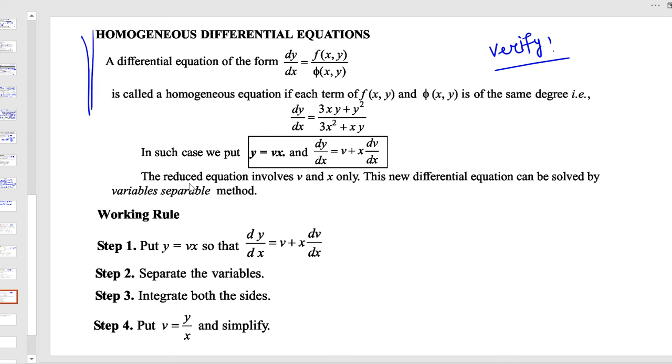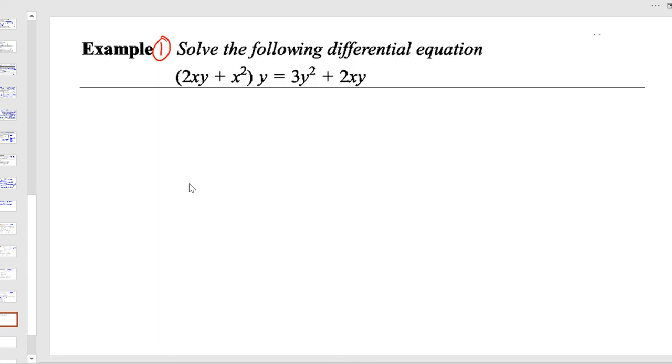Whenever we have the homogeneous case, the functions will be of this form. In place of y, we will substitute vx, then use the working rule, simplify, and then solve.